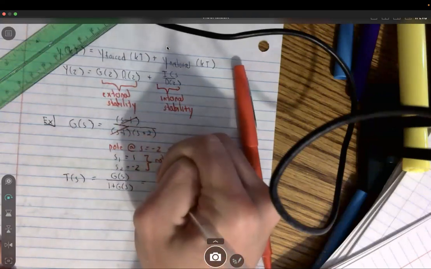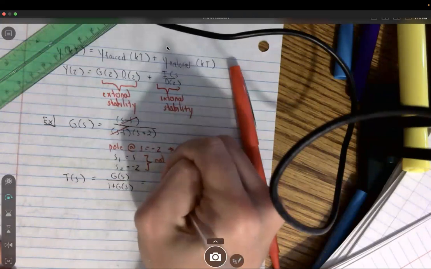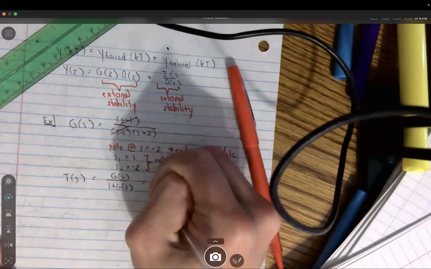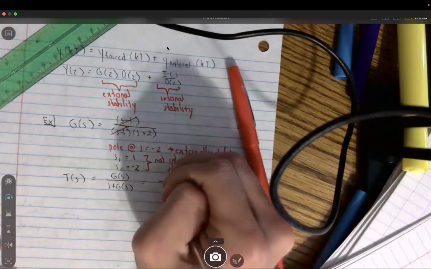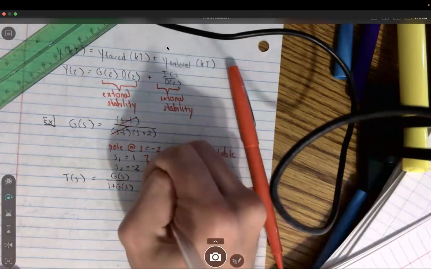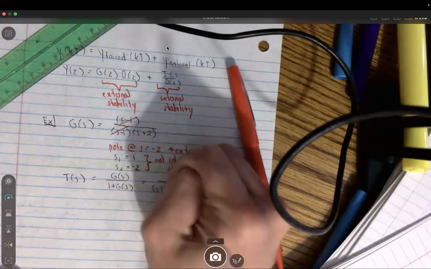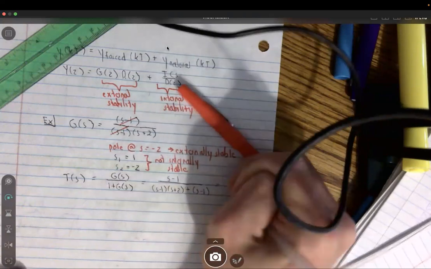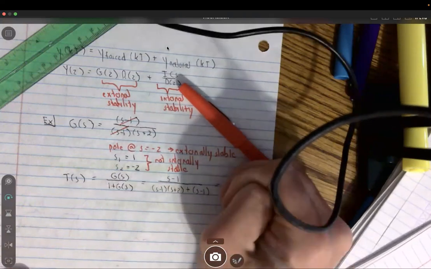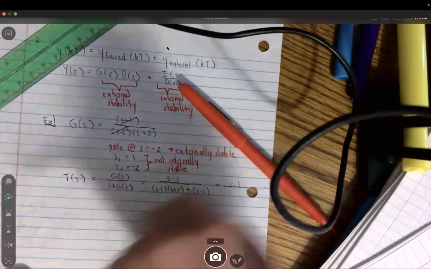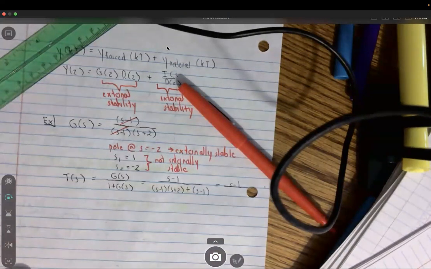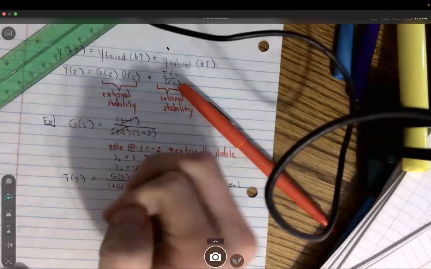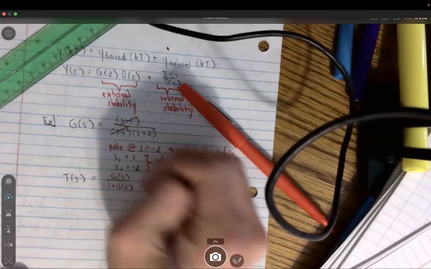And then within your system, you would have S minus 1 in the numerator, and down here it would be S minus 1 times S plus 2, and then plus an S minus 1. And then you get an S minus 1 all over... oh, sorry, because if you had the cancellation, it would actually just be 1 over S plus 2.